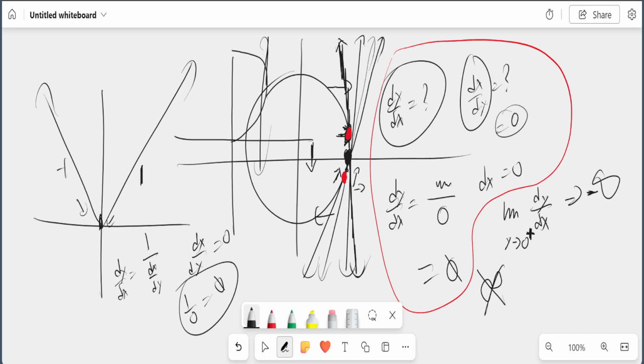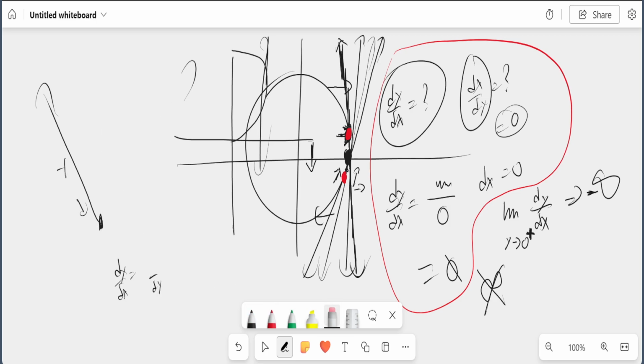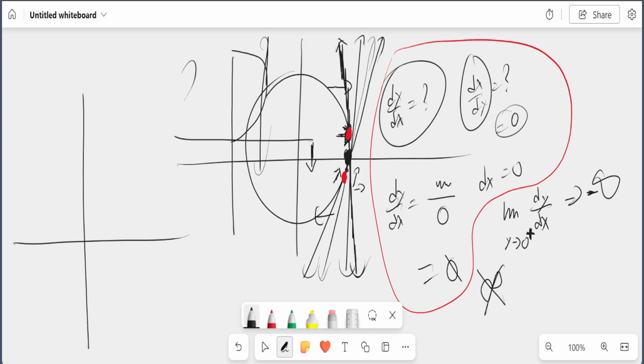For vertical lines specifically, here's actually a good way of thinking about it. If I wanted to draw out dy dx of this, let's say this is x squared plus y squared equals 1. So this is 1, this is negative 1. You would have asymptotes here, for dy dx.